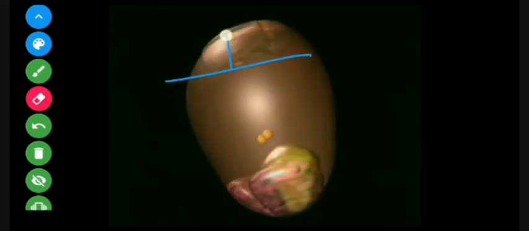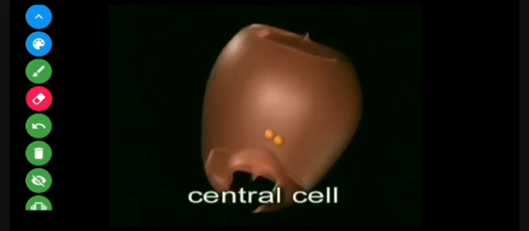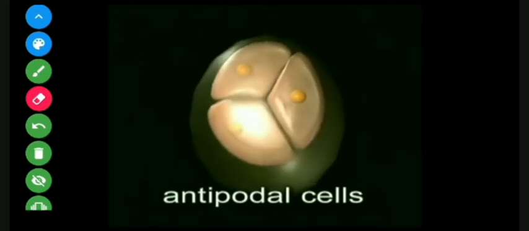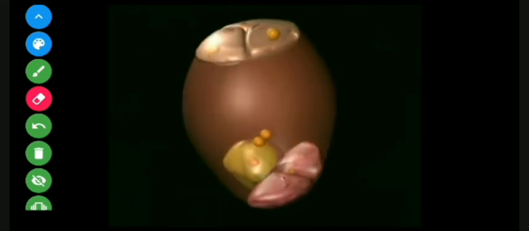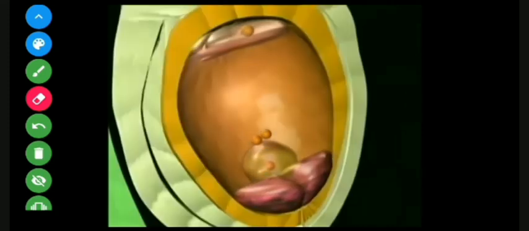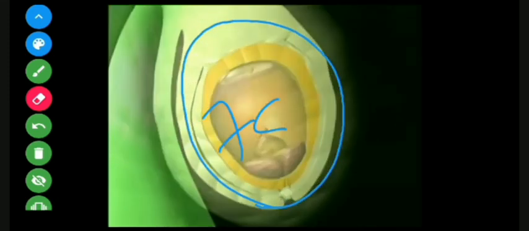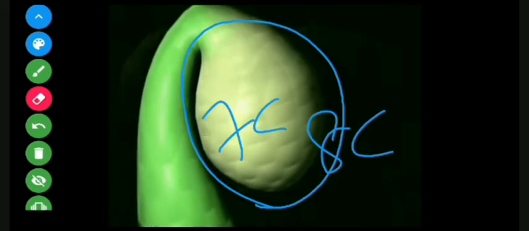Now 3 toward the upper surface are called antipodals, and 3 toward the lower are called the egg apparatus, in which one is the egg, an enlarged cell, and on either side of the egg there is a synergid having the filiform apparatus. Now you can see the antipodals toward the chalazal end, here is the secondary nucleus, and this part is the egg apparatus. Now this is the 7-celled, 8-nucleate structure called the embryo sac.